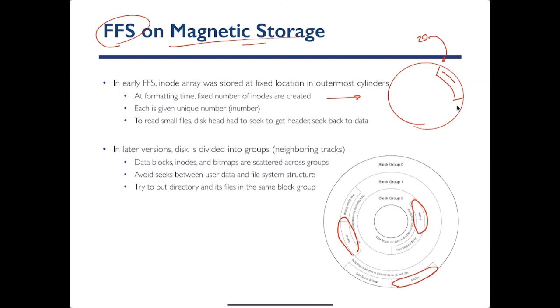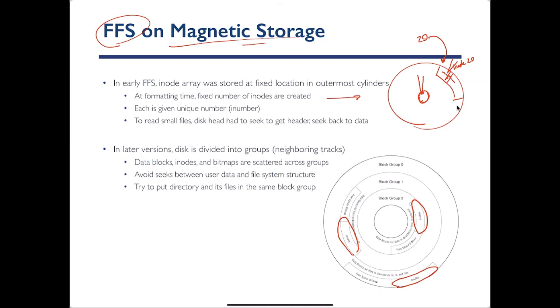You first go to your inode array, you find inode 20, you open this inode, and then you read here to see where your file is. Then your file might be here in the inner circles. So the head should first come here, find where it should go, and then come here. So a lot of movements to find your file and then fetch the corresponding sector for that file.